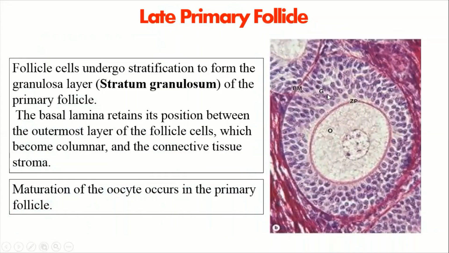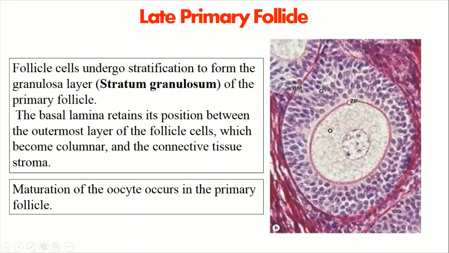The granulosa cells, which are called the follicle cells, undergo stratification to form the granulosa layer of the primary follicle, called the stratum granulosum. The basal lamina is outside this, in the same place between the stromal cells and the granulosa cells. Maturation of the oocyte occurs in the primary follicle.